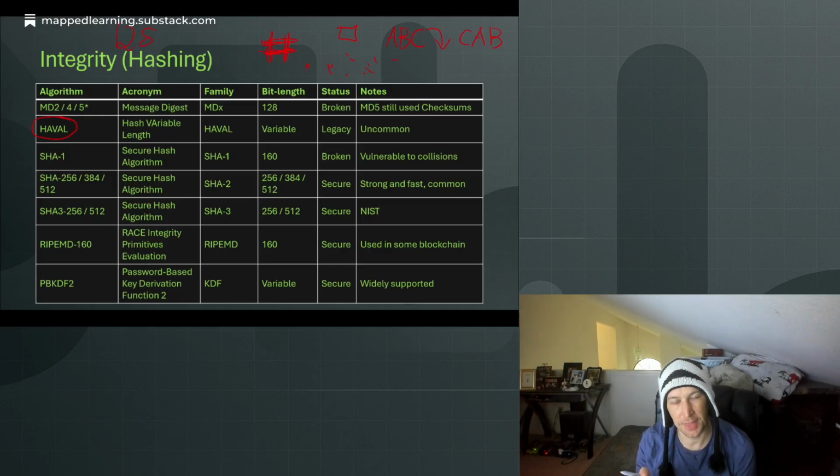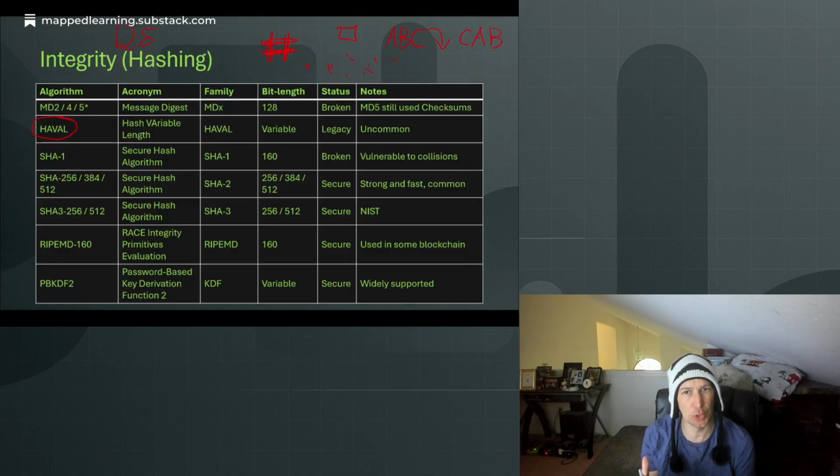But the fact that I used a specific algorithm, they can use that algorithm in the same way, Haval 128, and get the same result. Okay. I give them the original file, I give them the hash, and then they can verify it on their own.